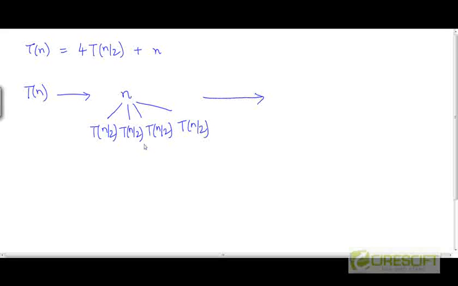Then in the next round, we will expand each of these 4 nodes by using the recurrence for them and replacing them by the right hand side of those recurrences.